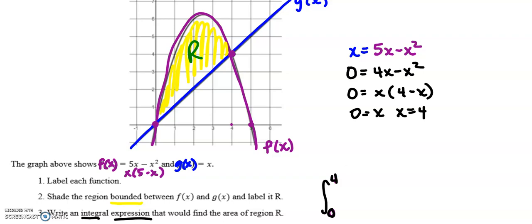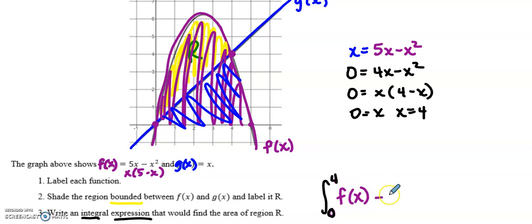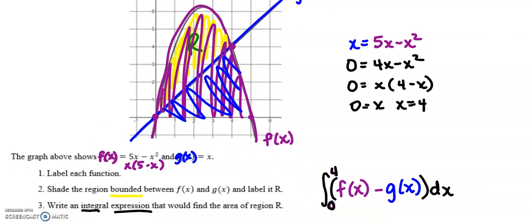Then I need to think about how am I going to find this yellow area? Well, I can find the area of all of what's under the purple minus all of what's under the blue. So I'm going to take the integral of f of x minus the integral of g of x, and because I'm subtracting, I can put those into the same integral, and I end up with f of x minus g of x.